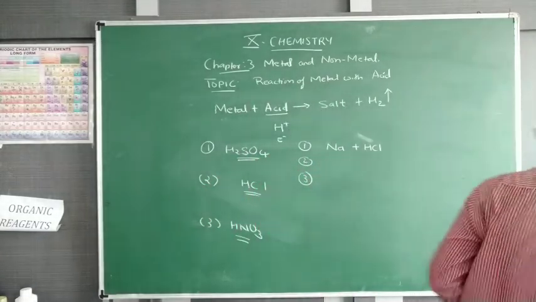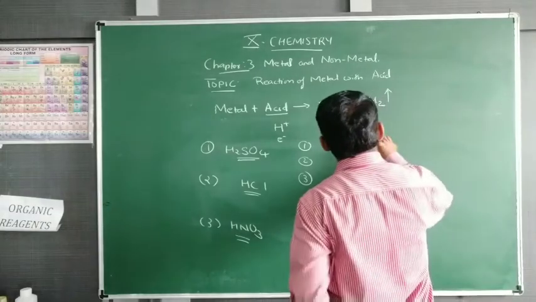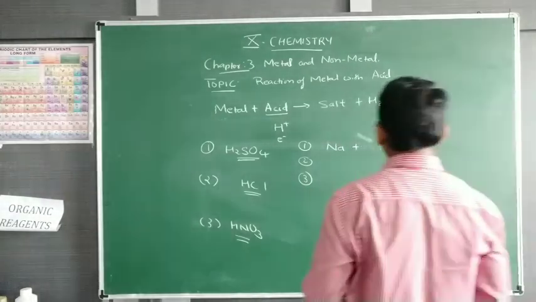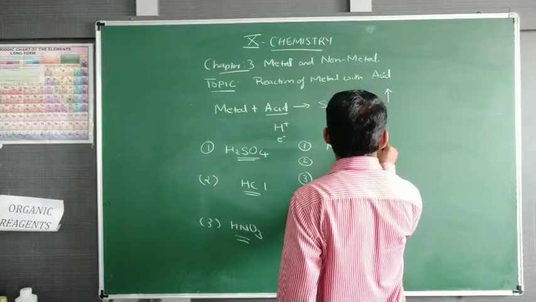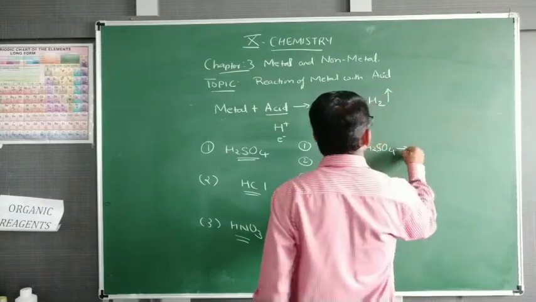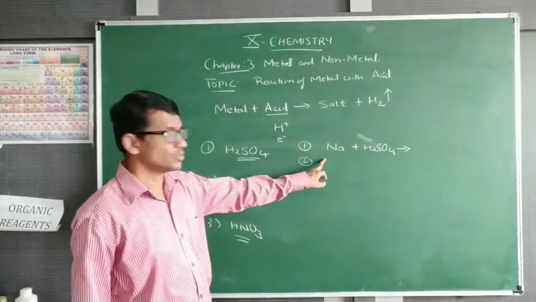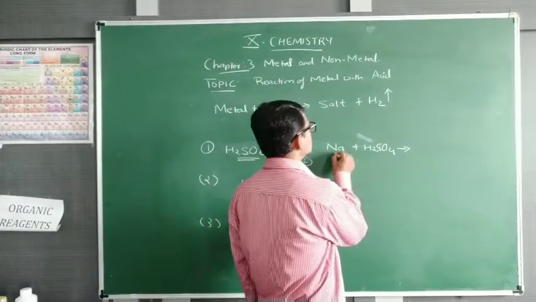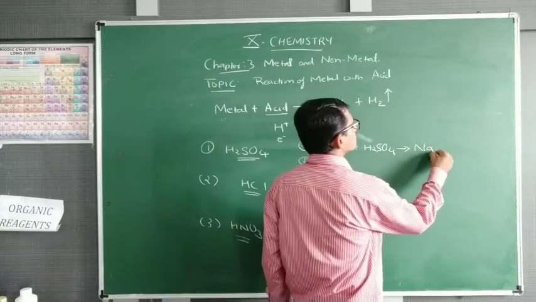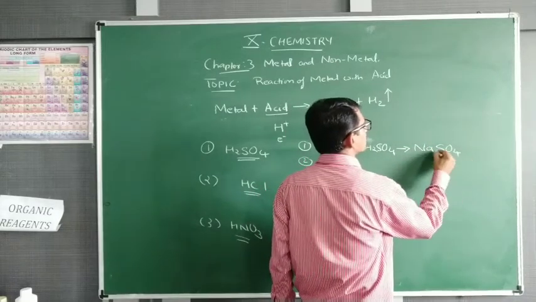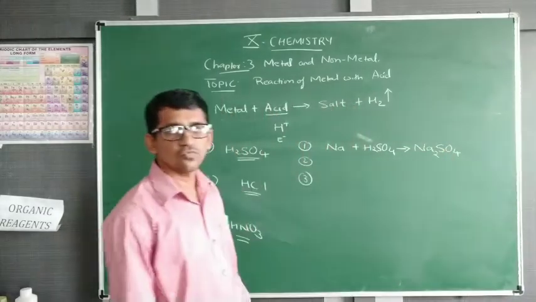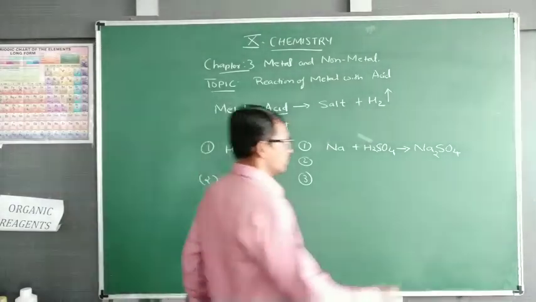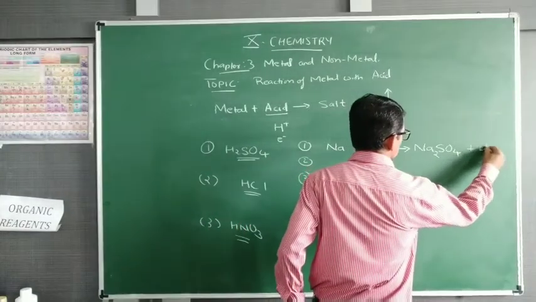So we discuss H2SO4. Okay, metal sodium reacts with sulfuric acid, so it will give sodium sulfate, Na2SO4, plus hydrogen gas.